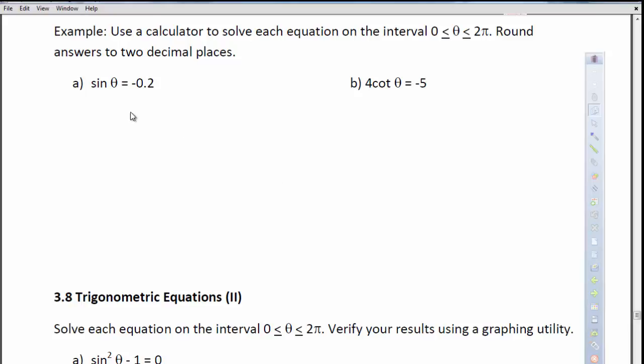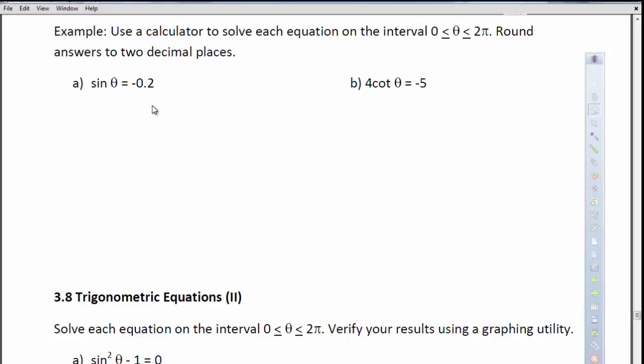But looking at these equations and considering the discussion that we just had in example A and example B, I know I should have how many solutions between 0 and 2 pi? Not 4, just 2, right? We had 4 when it was plus and minus, okay? But this is just minus, so we're going to have 2 solutions, right?